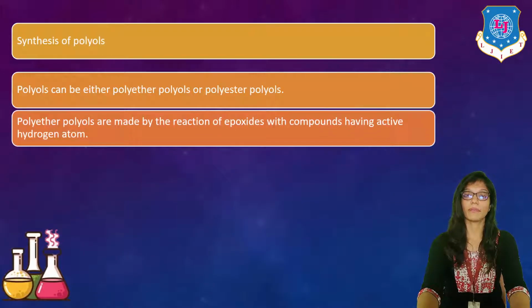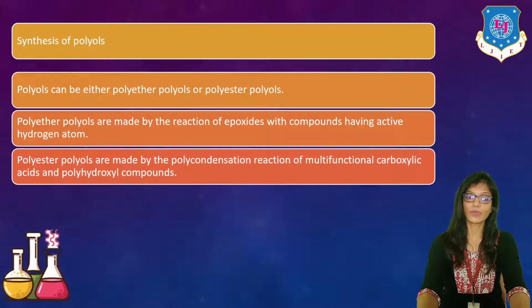Polyether polyols are made by the reaction of epoxides with compounds having active hydrogen atoms. While polyester polyols are made by the polycondensation reaction of multifunctional carboxylic acids and polyhydroxyl compounds.